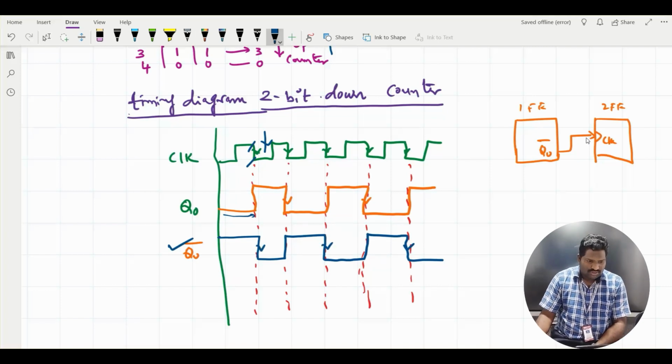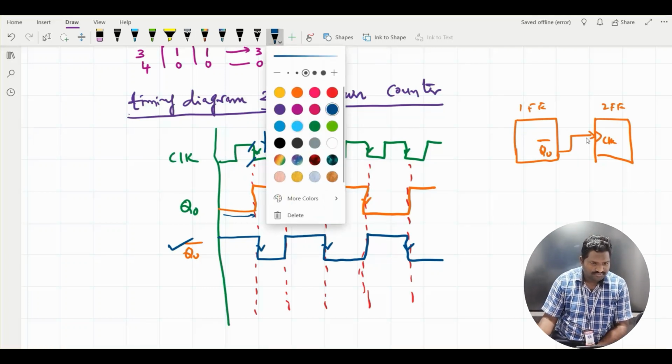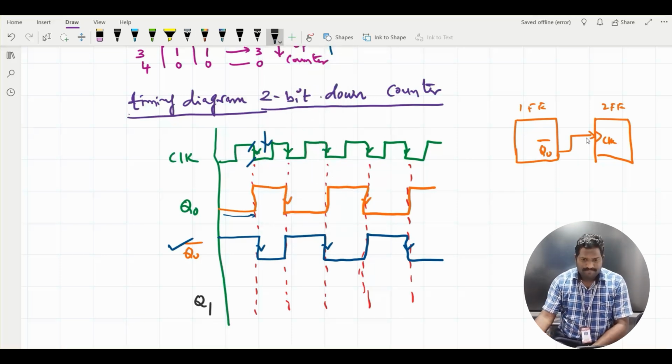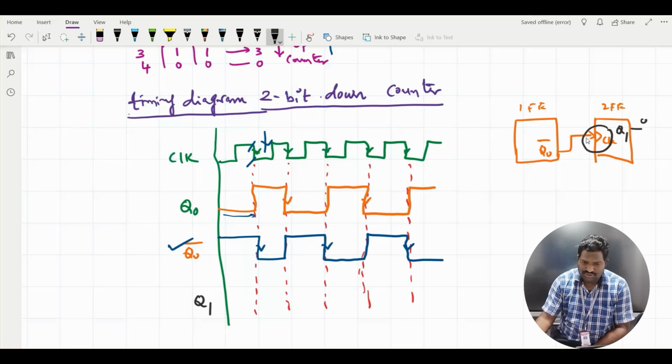Okay. Now I would like to draw a timing diagram for the output of the second flip-flop, that is Q1. So if you see, the Q1 is here. Q1 is initially 0 until this clock pulse is activated.